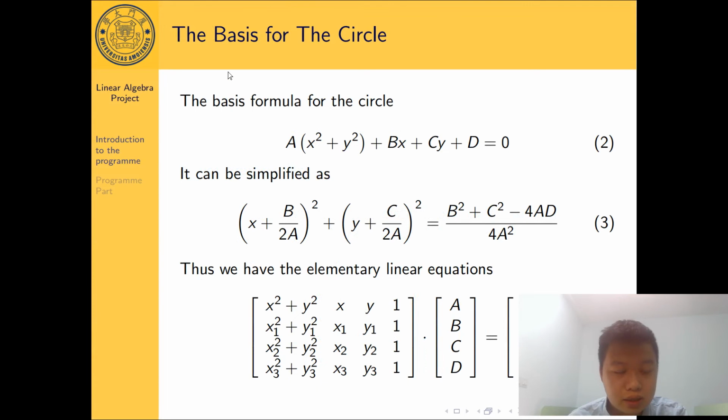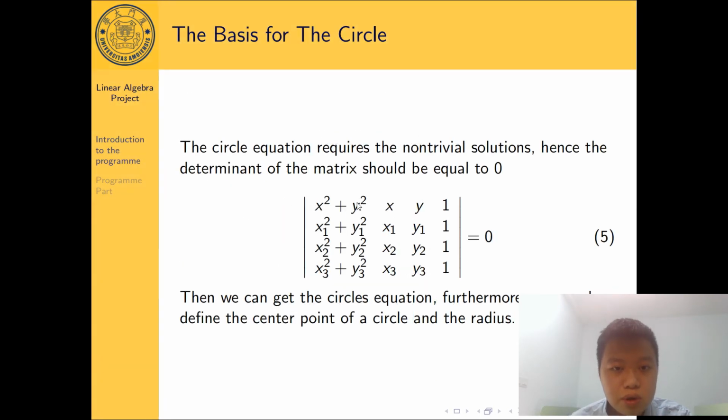Before starting the Python programming, we should know the basic formula for the circle: a times (x squared plus y squared) plus bx plus cy plus d equals 0. And we have the elementary linear algebra equations.